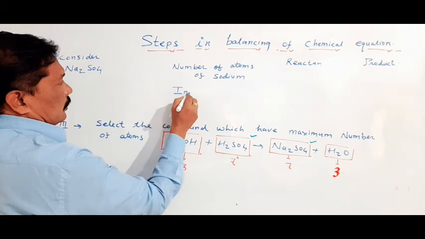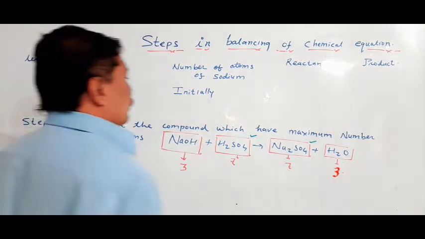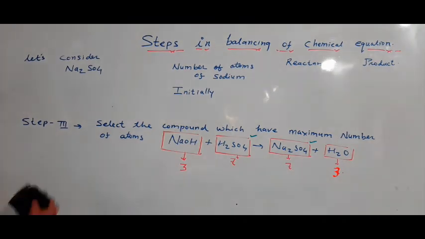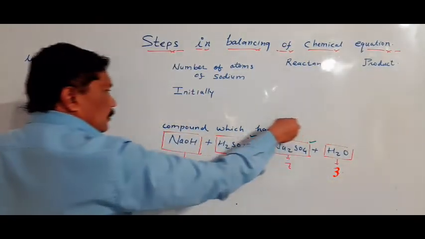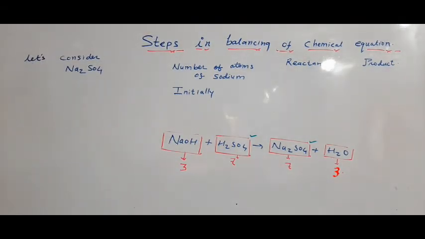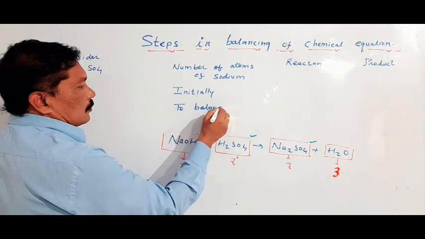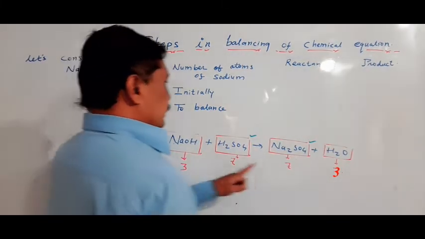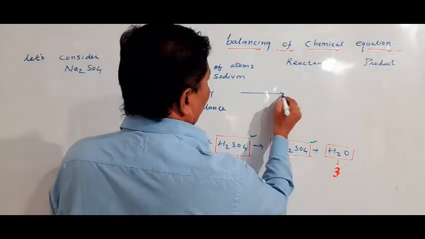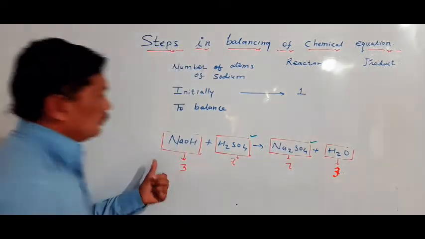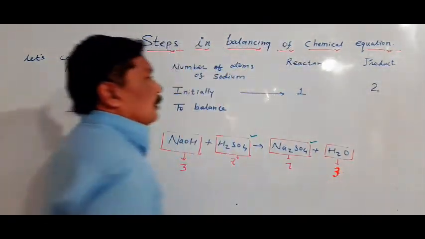Initially, sodium in reactant is one. Sodium initially is 1 and in product 2.